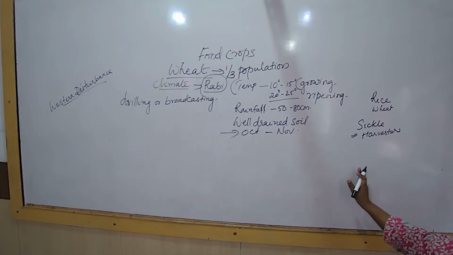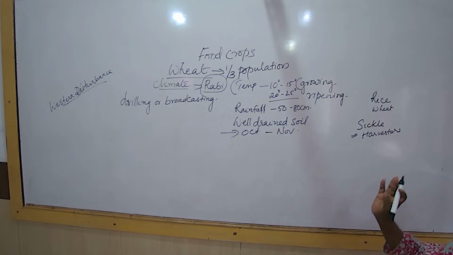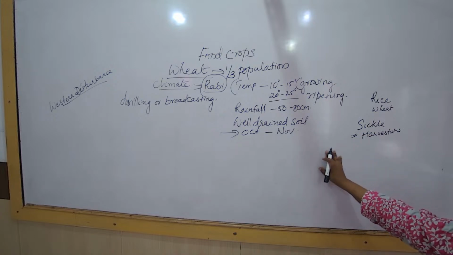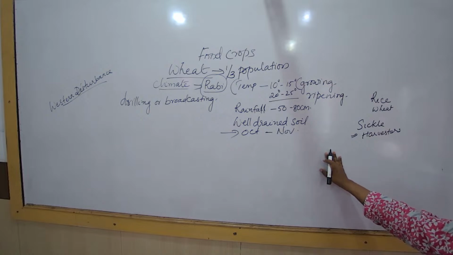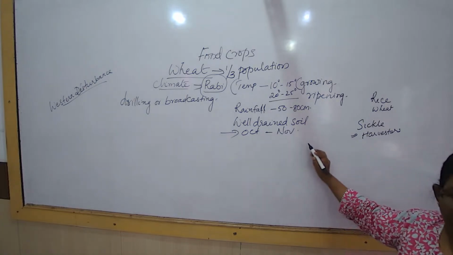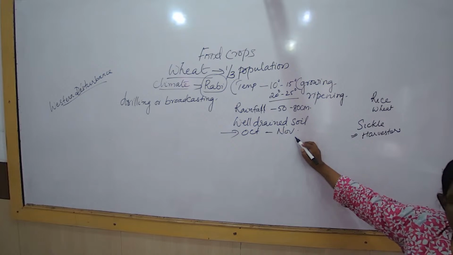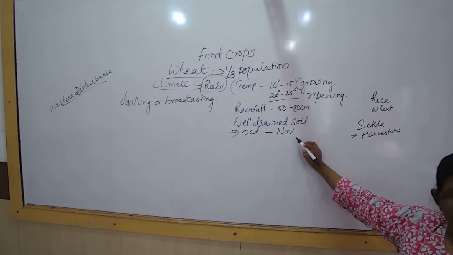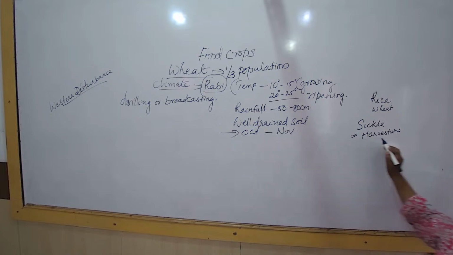If the harvesting is done in the month of May, can you imagine? So that is why mostly up to April the harvesting used to be done. If it starts in October, harvesting is done in March. If it goes from November, up to April, that is all. Clear? So harvesting is done with the help of sickle or harvesters.